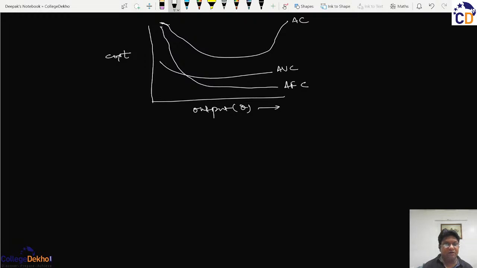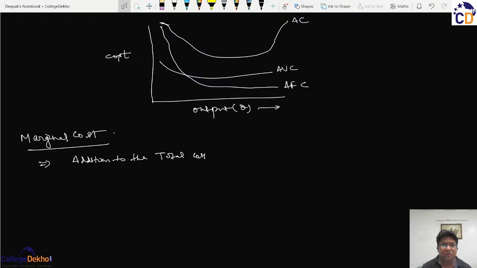Now if we take the funda of marginal cost, marginal cost basically denotes the addition to the total cost if the total output increases by 1 unit.